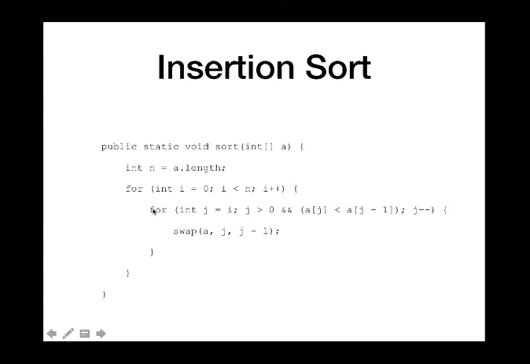I have this nested loop here, but as you can see, I'm doing this nested loop over the same input, which is the same array A, because I need to swap the elements. And I'm doing here n times, then here I do n minus 1 or minus 2 and until I get to the end of the array. So I have the first for here, I have the second for here, which they are nested and they operate over the same input. So my time complexity is O of n squared, and space complexity is O of 1.